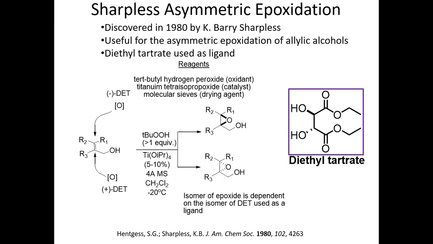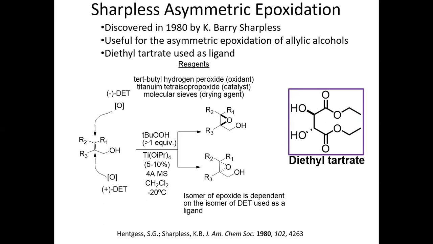If you use the minus diethyl tartrate, and plus and minus is just dealing with the optical rotation, right? We don't really use that anymore, but here they use it to specify which diethyl tartrate ligand is being used.